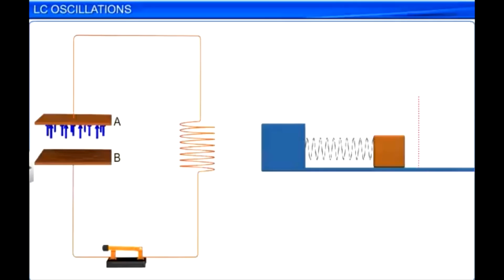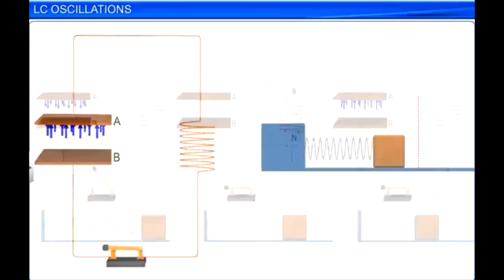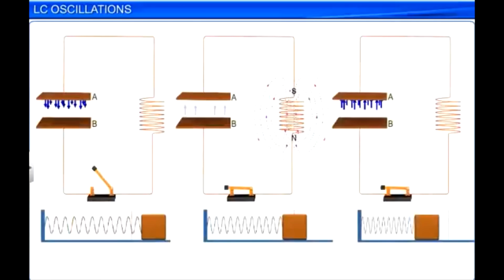In a similar manner, in LC oscillations, the energy oscillates between the electric field due to the capacitor and magnetic field due to the inductor. These LC oscillations sustain infinitely if all the elements in the circuit are ideal in nature. That is, the inductor has zero resistance and the capacitor is characterized by a single constant value called capacitance.